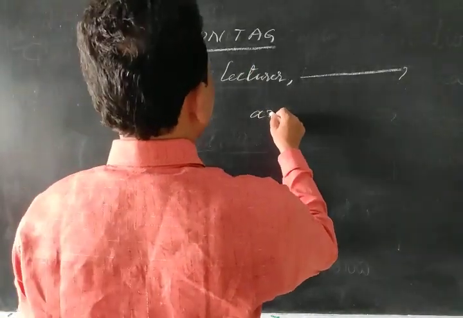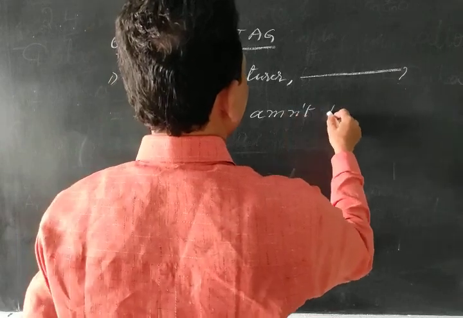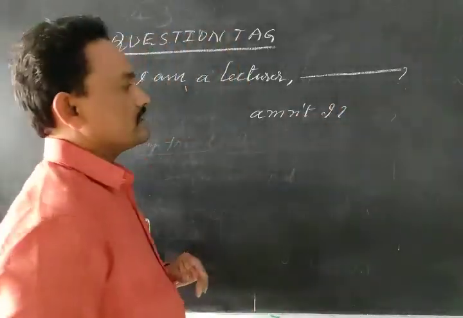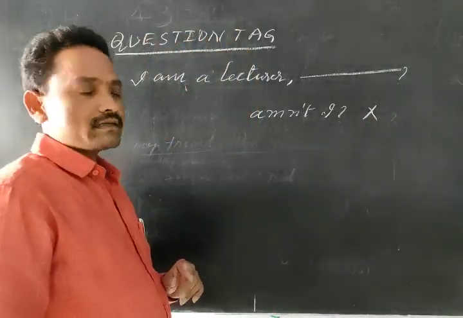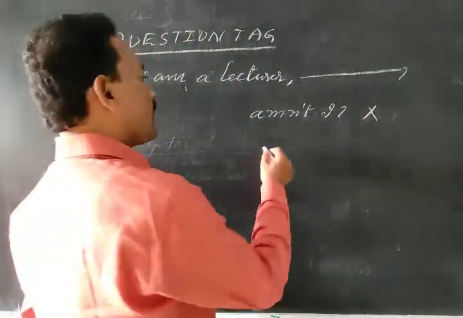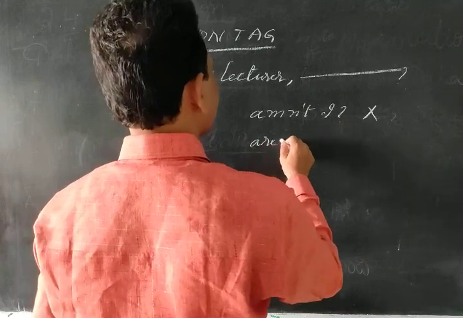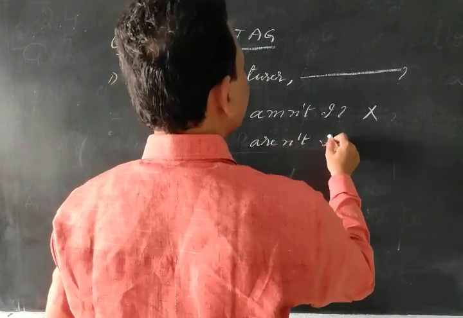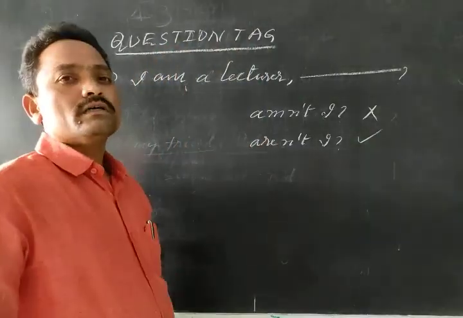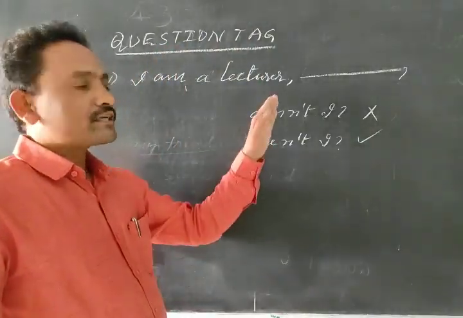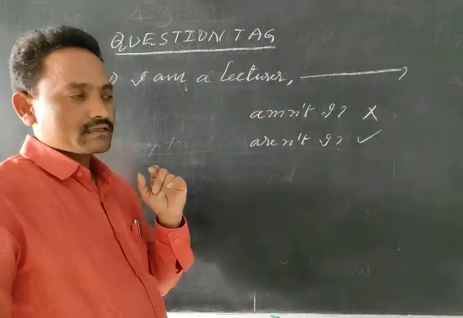To this statement, "am not I" would be the question tag. But you know, "am" in a question tag is not there. Instead of that, "aren't I" is used. "Aren't I" is used. That is a certain rule in grammar regarding the question tag here.